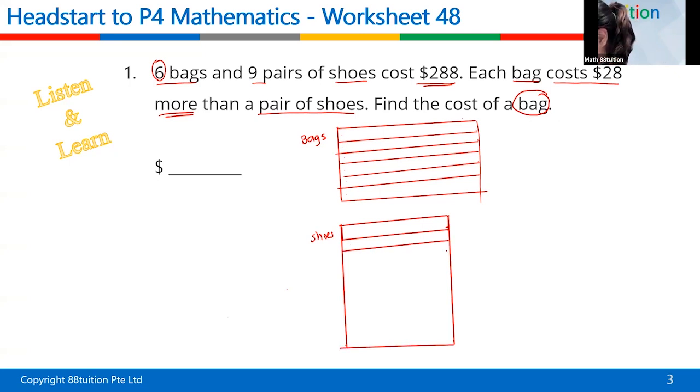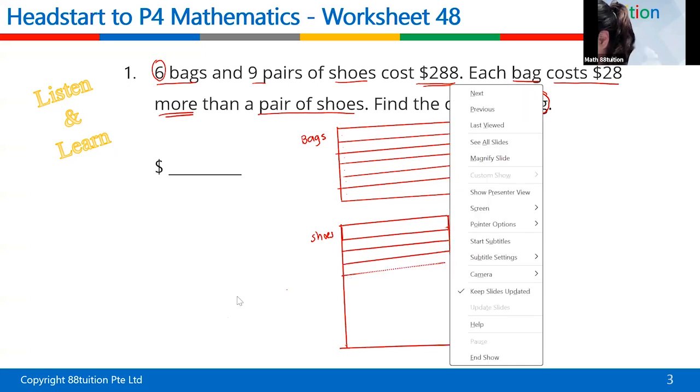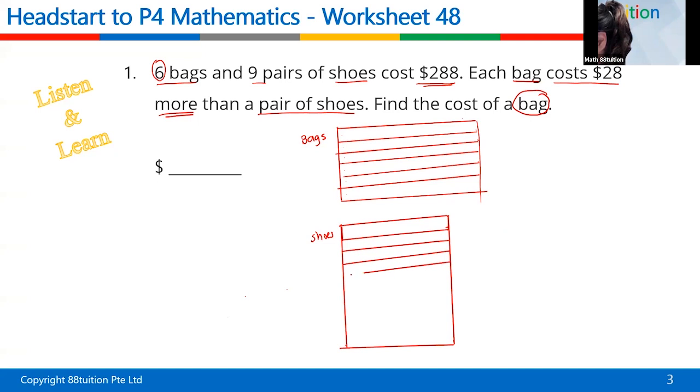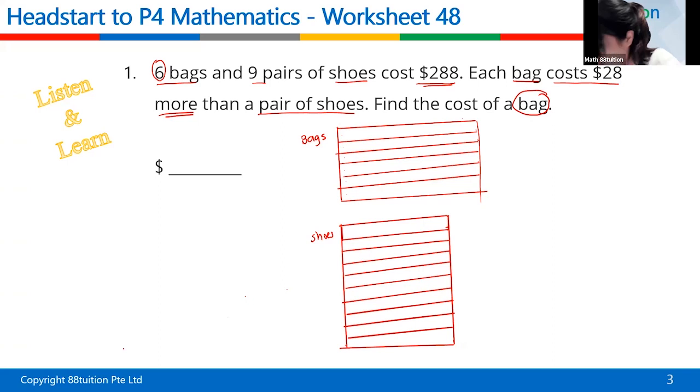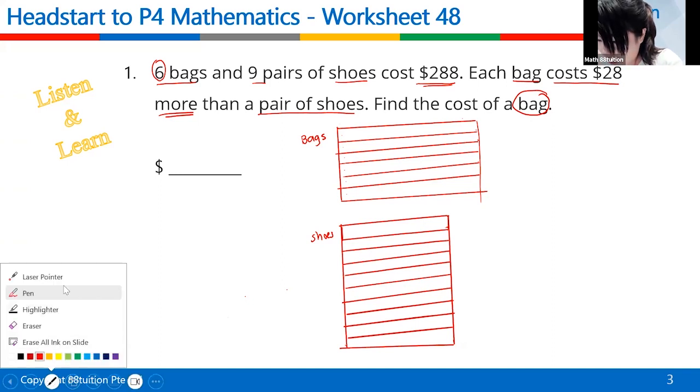1, 2, 3, 4, 5, 6, 7, 8, 9. Okay, I'm just going to erase the last bar because there's too many.